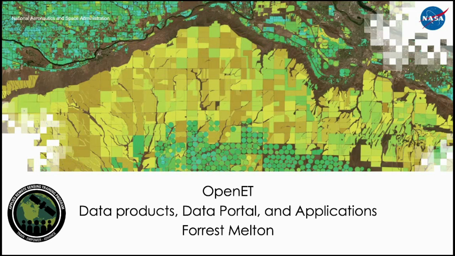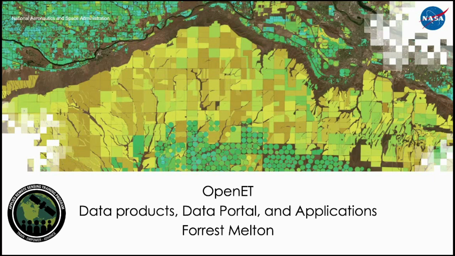Forrest has worked on the development of modeling and data assimilation frameworks, including the Satellite Irrigation Management Support, or SIMS, system, the Terrestrial Observation and Prediction System, TOPS, and NASA Earth Exchange, or NEX.